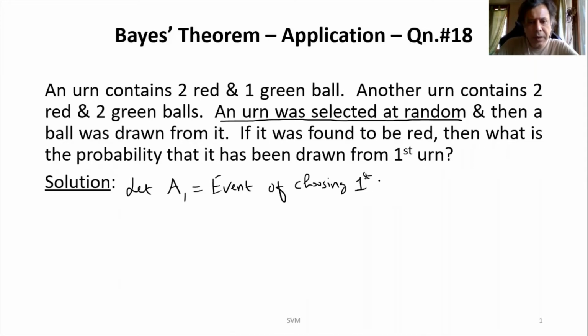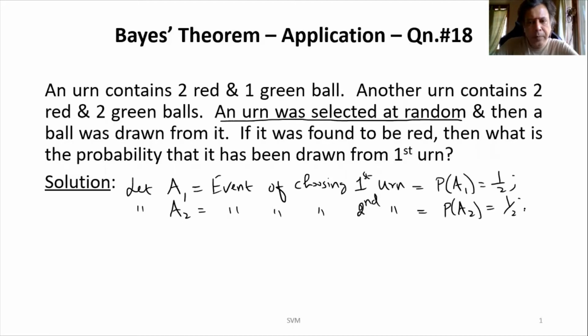So what is the probability of this? Since there are only two, naturally this will be 1 by 2. Then let A2 be the event of choosing the second urn. That will be again 1 by 2.